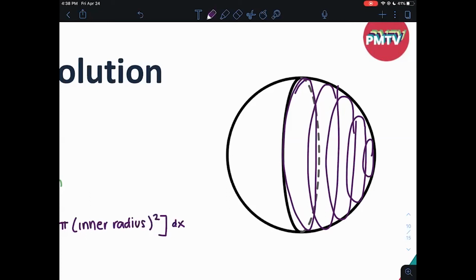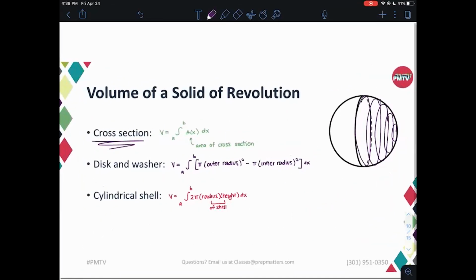And what shape are those slices? If we have a shape slice that is nice and easy to find the area of, for instance, a circle, if we integrate that area function between two bounds, so between A and B, then we would end up with the volume of our solid.